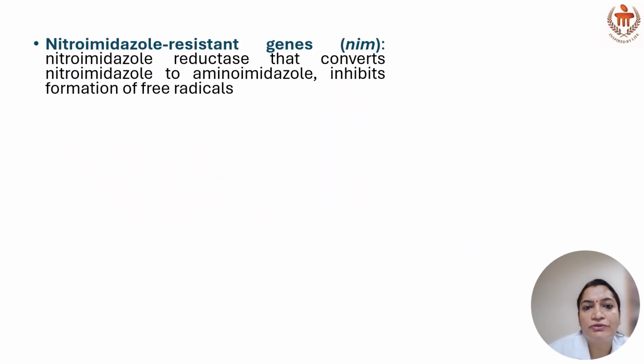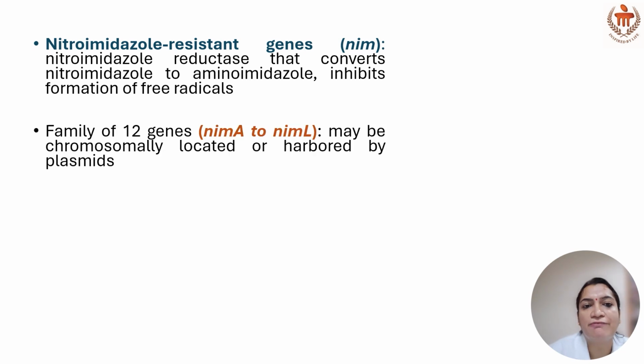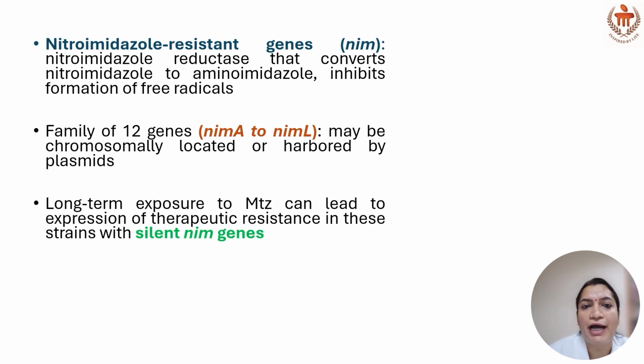NIM genes are mainly nitroimidazole reductases that convert the nitroimidazole into aminoimidazole, which inhibits the formation of free radicals. It's a family of 12 genes ranging from NIM-A to NIM-L, which may be chromosomally located or harbored by plasmids.